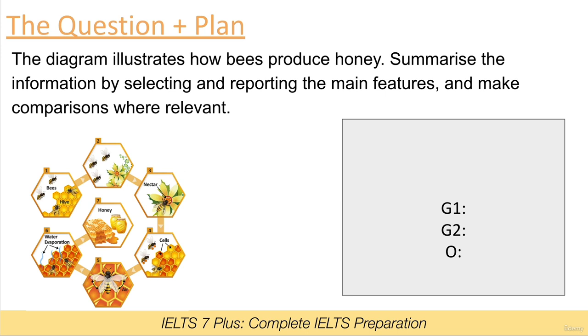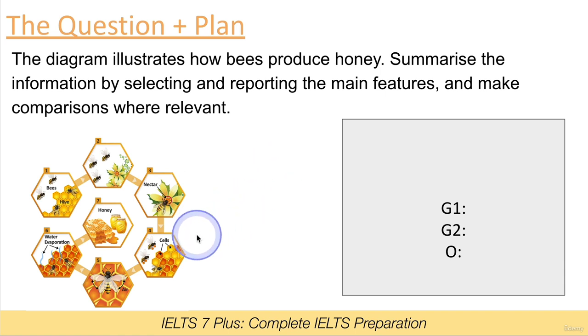All right then, so with that being said, let's think about our groupings. Now we have a 7-step process. So is there a point in the making of the honey that's quite a good middle point?